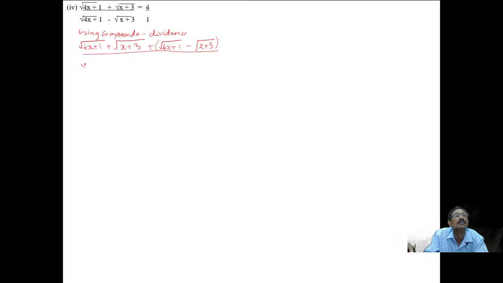And what we'll get here? Root of 4x plus 1 plus root of x plus 3, minus root of 4x plus 1 minus root of x plus 3, which is equal to 4 plus 1 upon 4 minus 1.